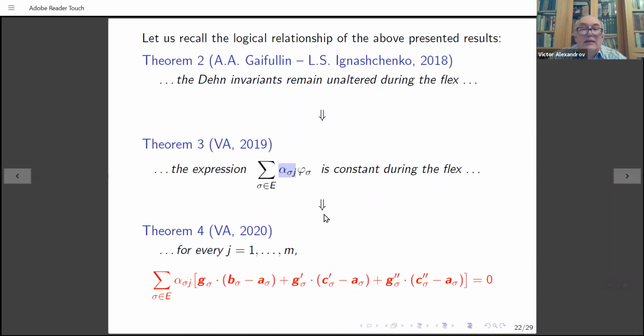And this theorem implies theorem 4, that reads that for every j from 1 to n, some red equations hold true with the same coefficients that appear in theorem 3.